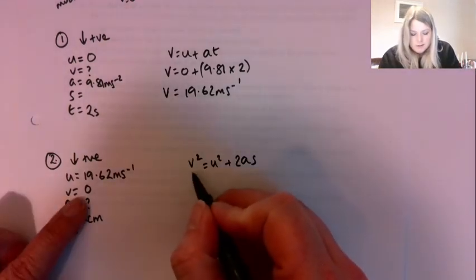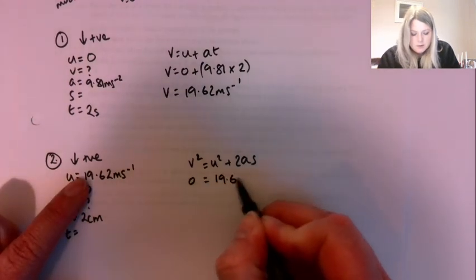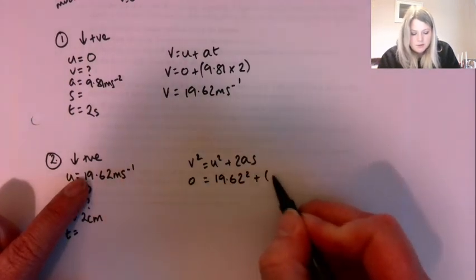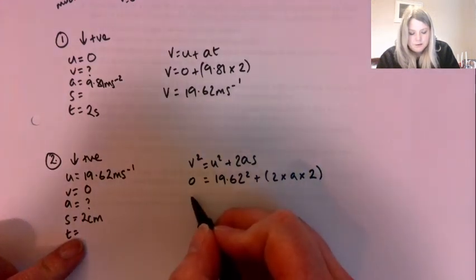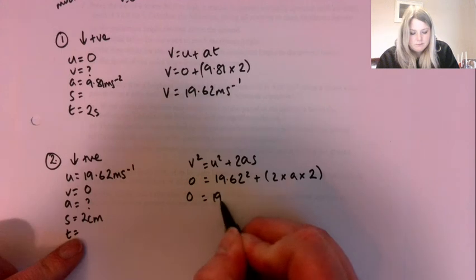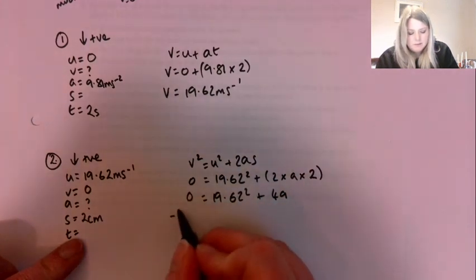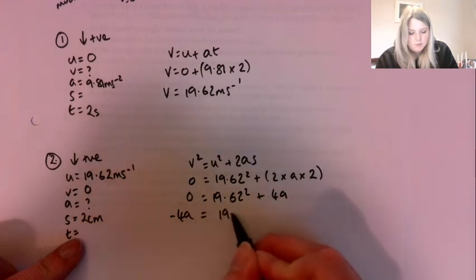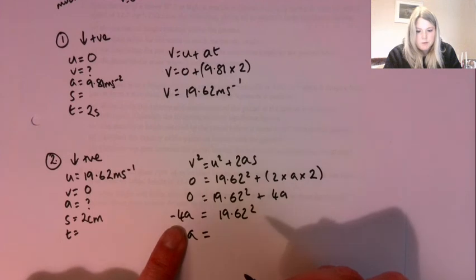So V is 0, so 0 squared is 0, equals 19.62 squared plus 2 multiplied by A multiplied by 2. So let me just tidy up here. If I bring this over here, minus 4A equals 19.62 squared, then divide this by minus 4.